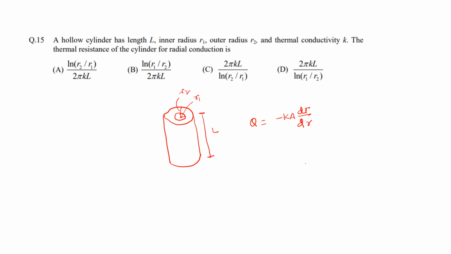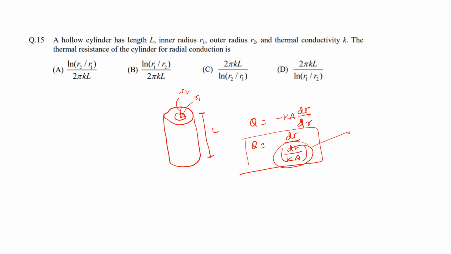So we can write Q is equal to dT by, K into A, something like this. So this is your thermal resistance.